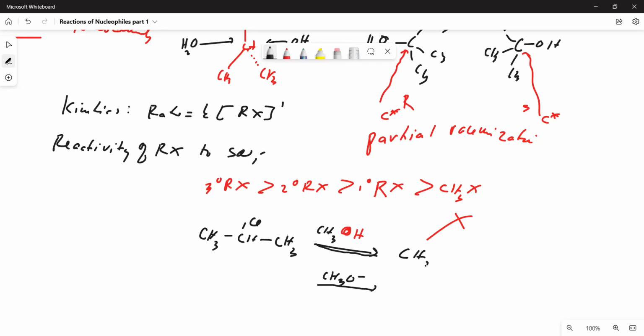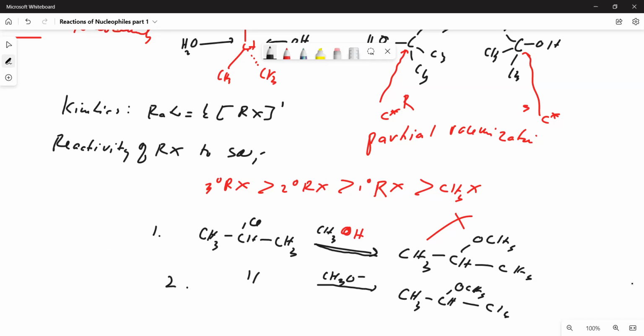Both will produce the same product, nucleophilic substitution, an ether. This one is also an ether. But the question now is, what is the assumed mechanism of the first reaction? Is it SN2 or SN1? Now here in the second, it uses a stronger nucleophile.